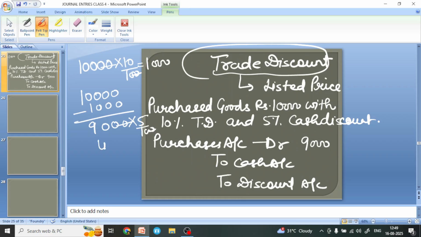It will be 450. That should be written here. Now subtract this amount, it will be cash amount 8,550. This is the treatment of trade discount. Trade discount cannot be shown in books.